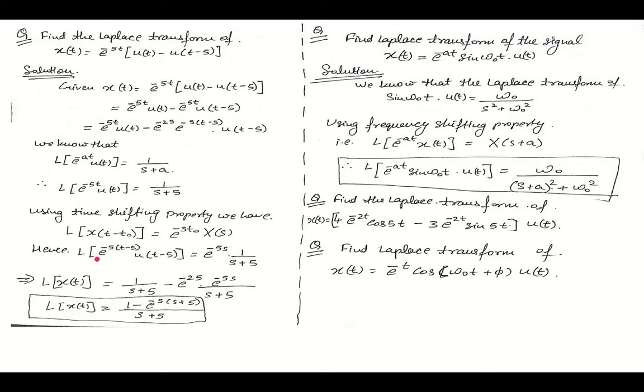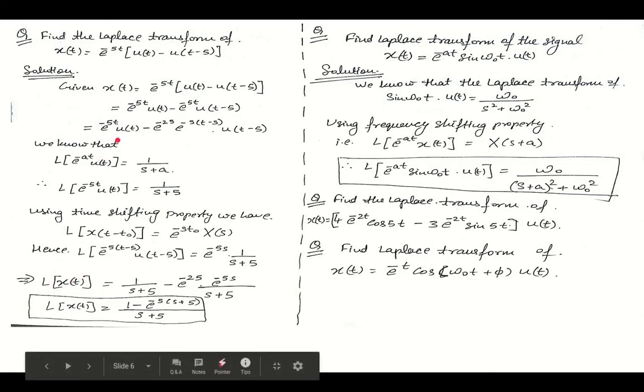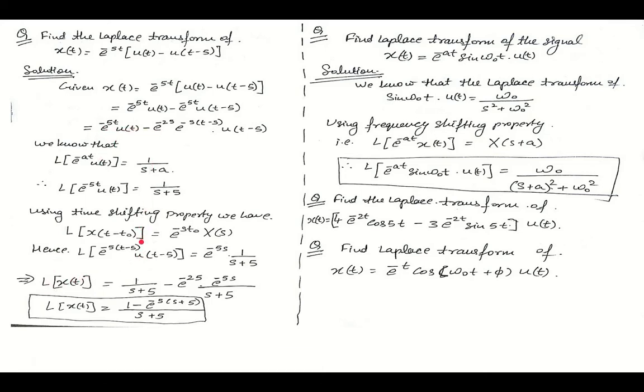So that e to the power minus 5t u(t) will be X(s) and its value will be 1 upon s plus 5. So combining all these values, I can have the Laplace of this x(t) will be the Laplace of this value and the Laplace of these values.